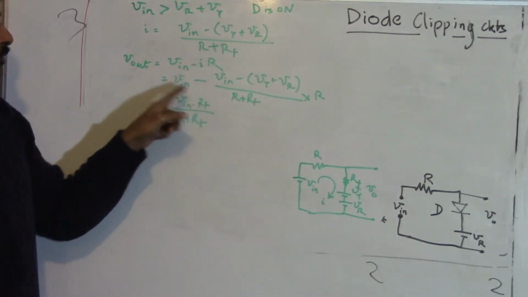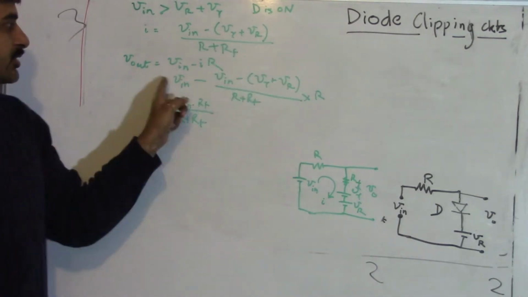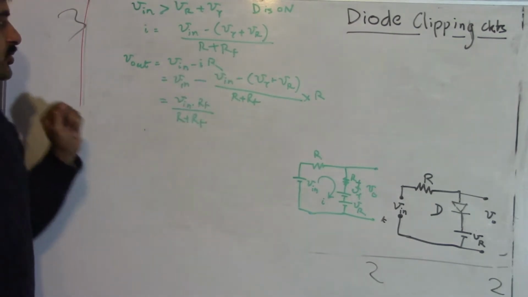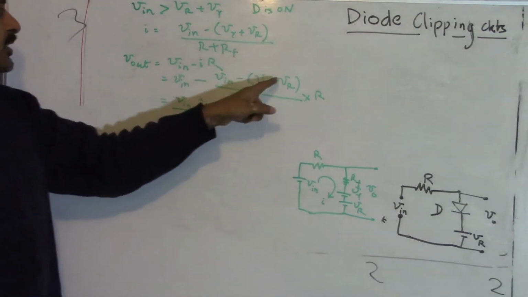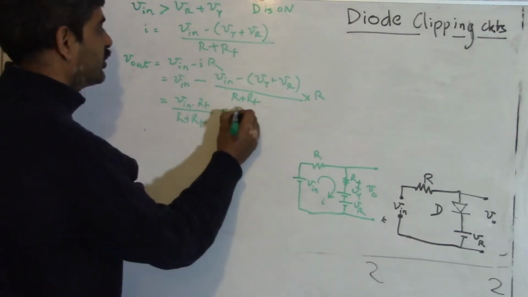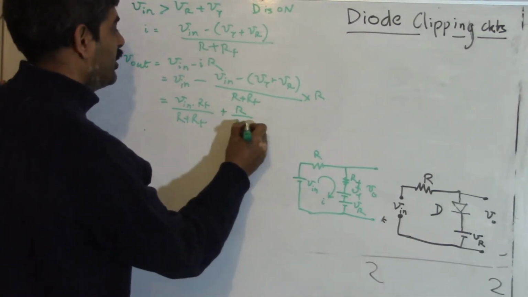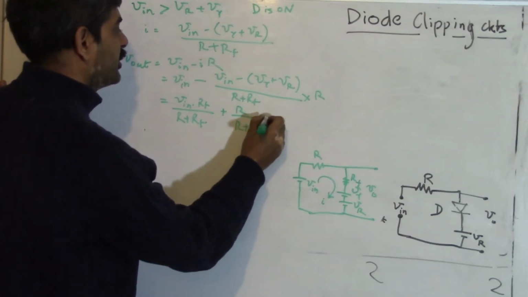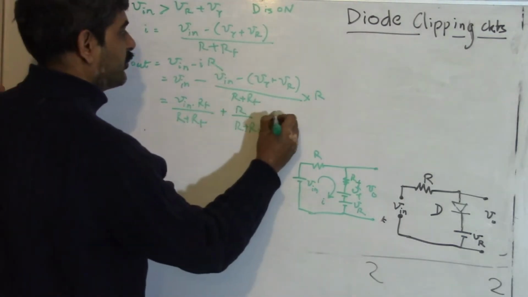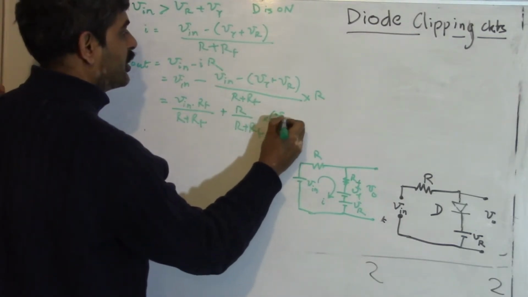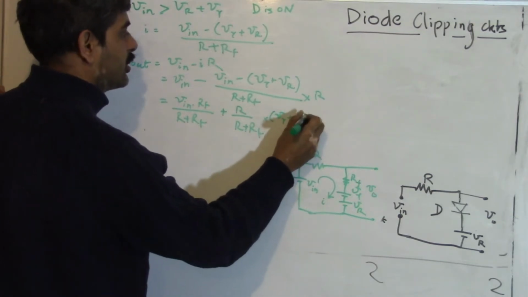V in into R was cancelled, so we have minus, minus, this becomes plus. And this VR had got cancelled, so divided by R plus RF multiplied by, now this whole thing stays there, V gamma plus VR.